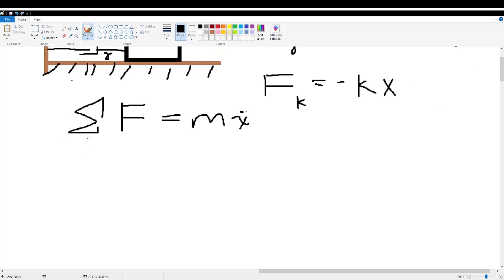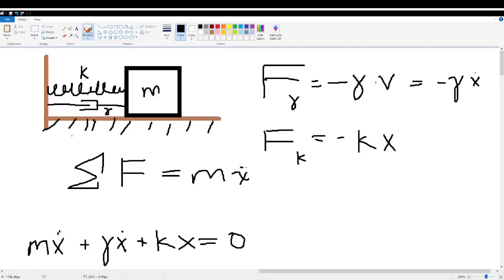So we can write out this equation, and you can show as an exercise that this directly leads to the following equation: m x double dot plus gamma x dot plus k x equals 0.